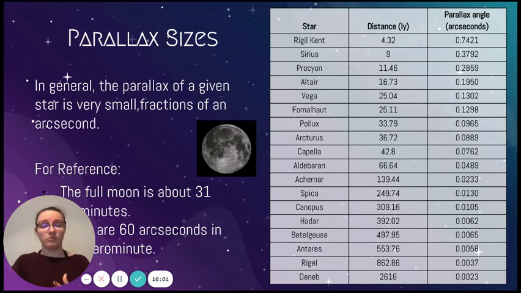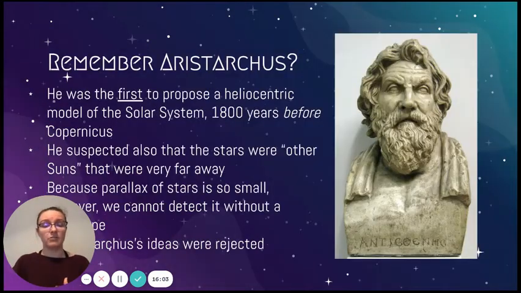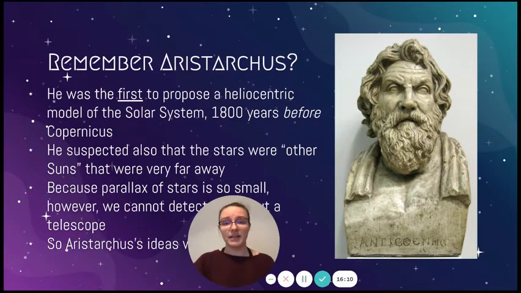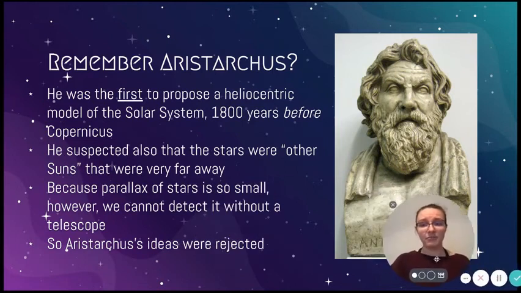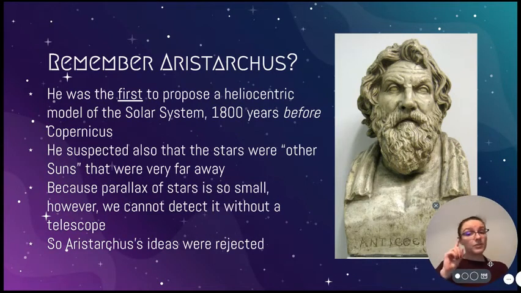I'm going to throw you for a loop here for a second. Do you remember Aristarchus? He was one of the astronomers that was in our scavenger hunt in the very beginning of the year. And you might remember that he was the first person, actually, before Copernicus, to suggest that the sun is at the center of the solar system.